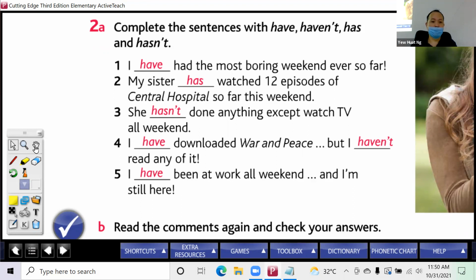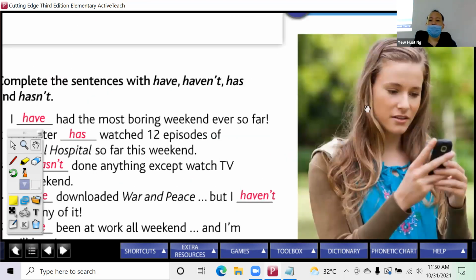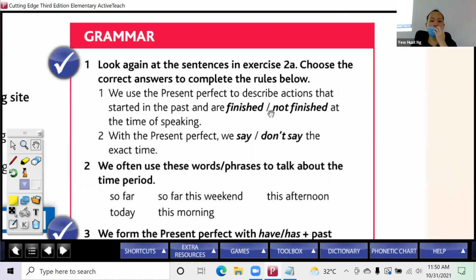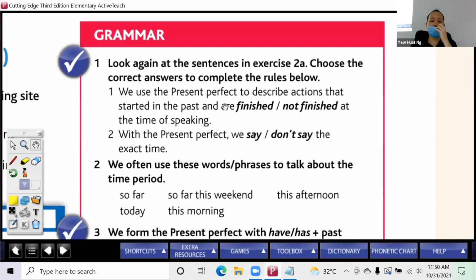Okay, good. Now let's try this. So again, when we talk about the present perfect, or the already tense 已经, to talk about which one? Finished or not finished? Started in the past and not finished at the time of speaking.